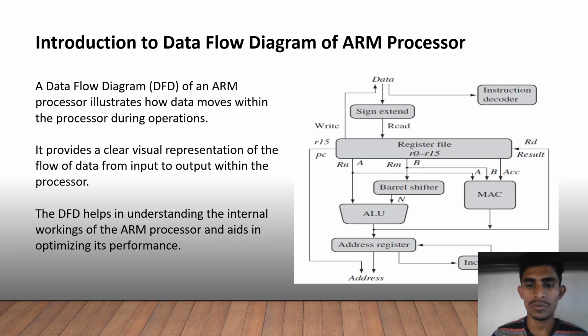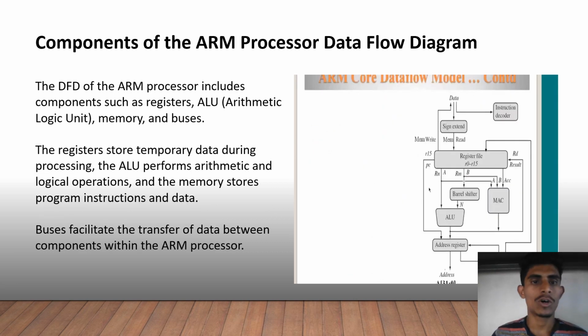optimizing its performance. And here are the components of the ARM processor data flow diagram. The data flow diagram of the ARM processor includes components such as registers, which we need to store the temporary data, the ALU (arithmetic logic unit), memory to store the data, and buses to communicate from one component to another.